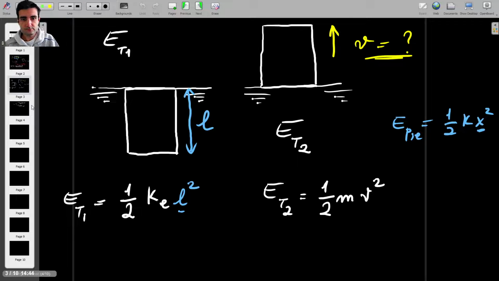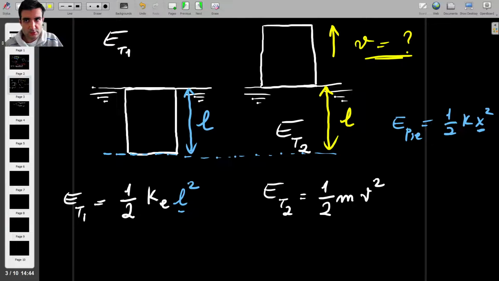So in the second case, we don't have any more elastic potential energy, but we do have gravitational potential energy because the cylinder moved upwards. And with respect to this initial position, the cylinder climbed an amount L, of course. So the gravitational potential energy is mgL.